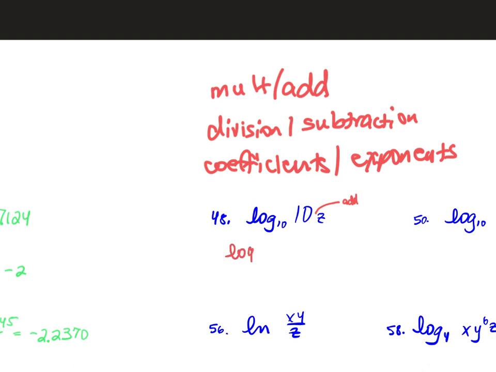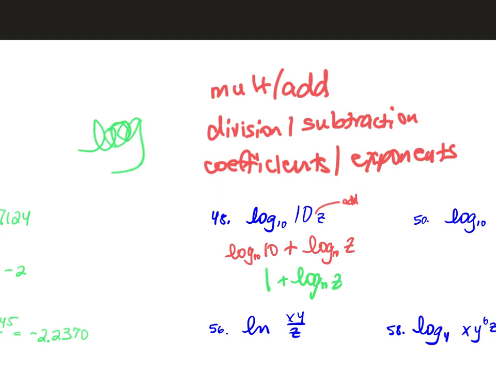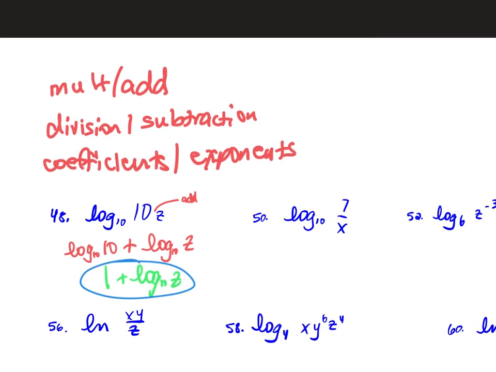So this would be log base 10 of 10 plus log base 10 of z. And then you simplify if you can. Log base 10 of 10 is just the number 1, plus log base 10 of z. Now, if it just said log and there was no number, you assume that it's a little 10 there. It's log base 10. But there's your answer.